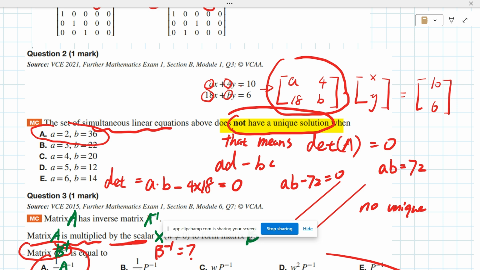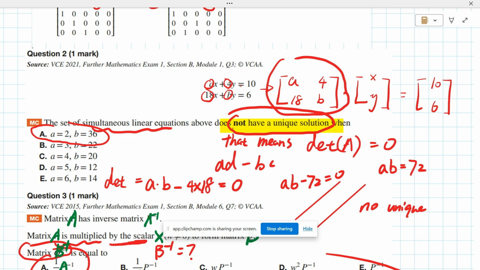I think now what we do is we're going to try to figure this out using simultaneous equations to translate to matrices. Not a unique solution means there's no unique solution, which is two lines are parallel.